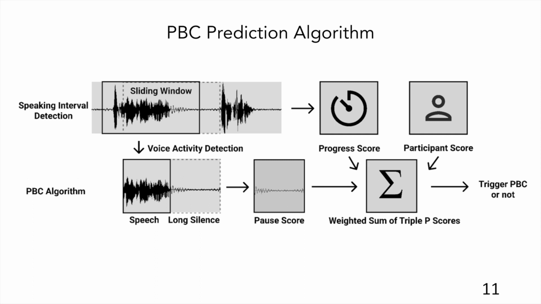In a certain task, progress score was updated as the task was going on, and when speaking intervals occurred, pause score would be calculated as the length of the pause at that timestamp. Those 3 scores were independently calculated, and a weighted sum of those scores was used to trigger PBCs. The threshold of the sum score was dependent on the task.